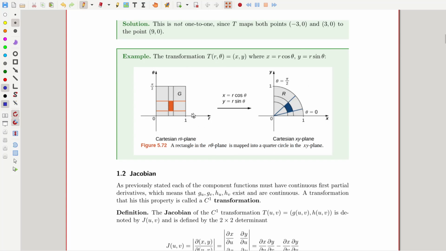So this is a way to think about the polar transformation, right? The transformation from the polar coordinate system to the Cartesian coordinate system.